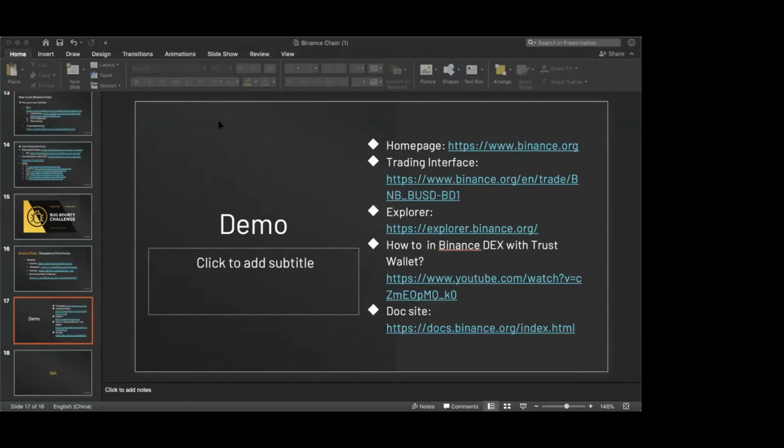I think previously there were 2 or 3 tokens which got listed on Binance after they got listed on the DEX.